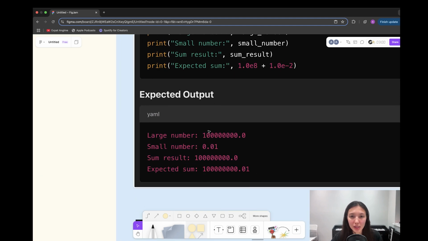One number is 10 to the power of 8. A small number is 10 to the power of -2. When we add them both, we expect to see this value at the bottom. However, the result is this, so we lose the second digit.